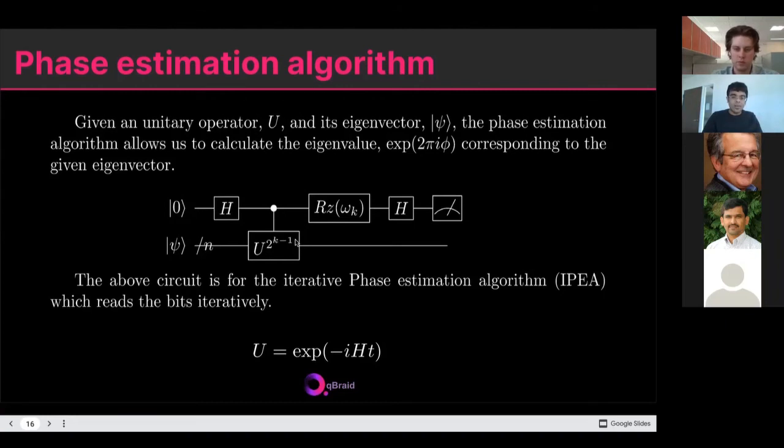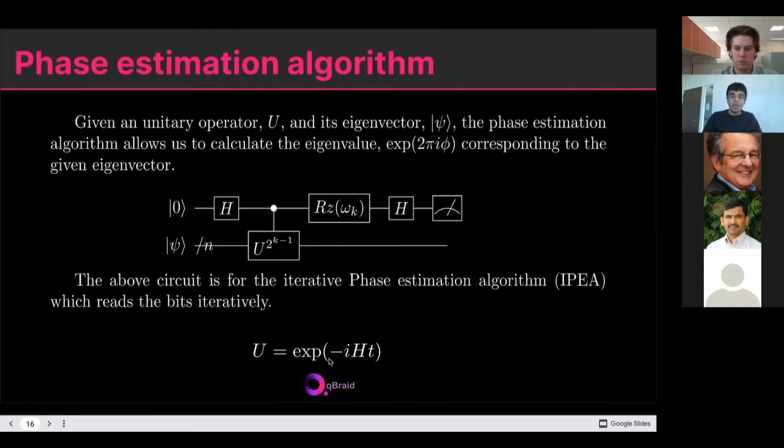So what this essentially allows us to do is, if I have this unitary, and we can construct that unitary using this function, the exponential of minus iHt, which is a function of the Hamiltonian, and when you act on the wave function, you'll be able to read out the eigenvalue corresponding to this eigenstate, right?